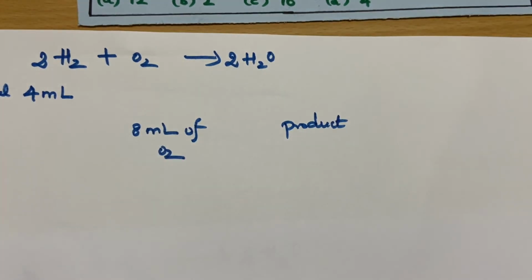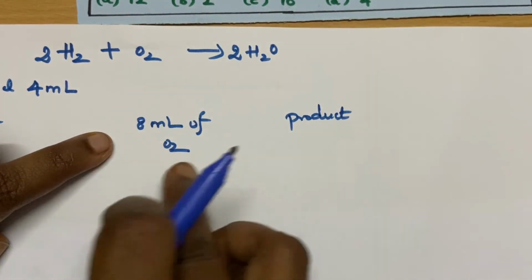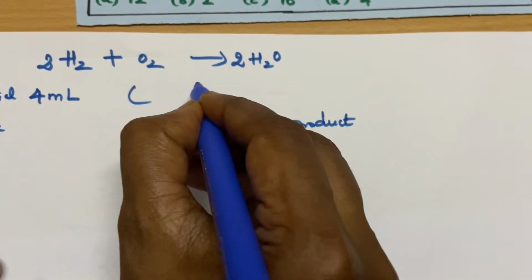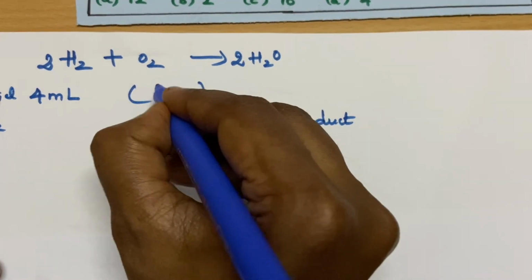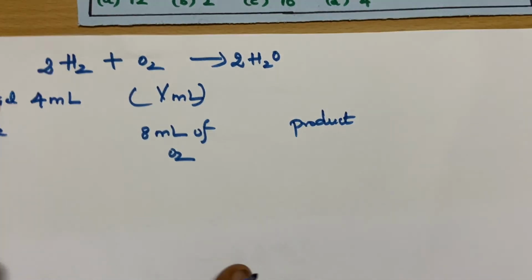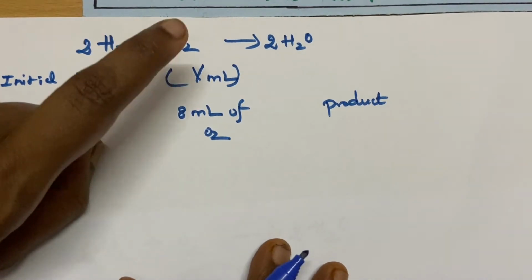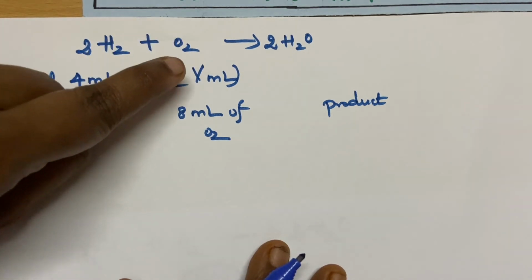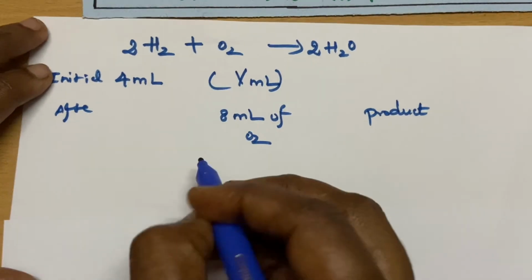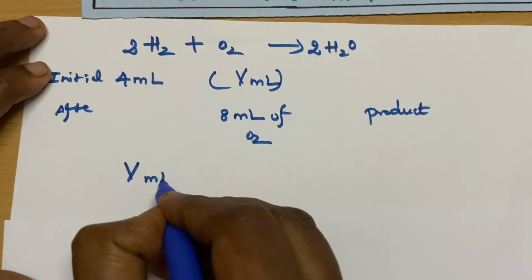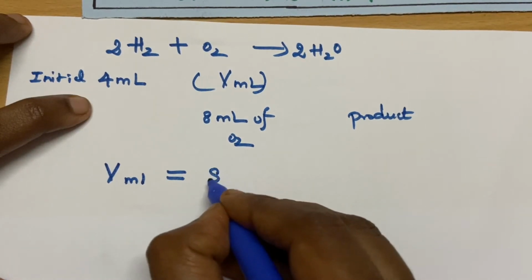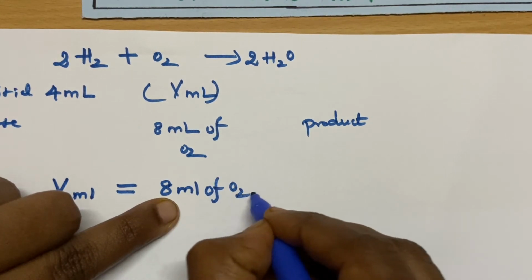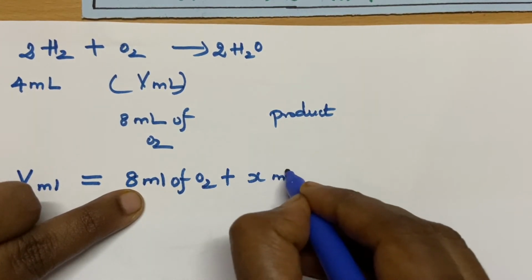Now what they are asking is, if 8 ml is the unconsumed oxygen, what is the volume of oxygen which was originally taken? So you have to find out what was the ml of oxygen that was taken initially. So I can say this V ml is nothing but the unconsumed volume of oxygen, 8 ml of oxygen, plus x ml of oxygen.